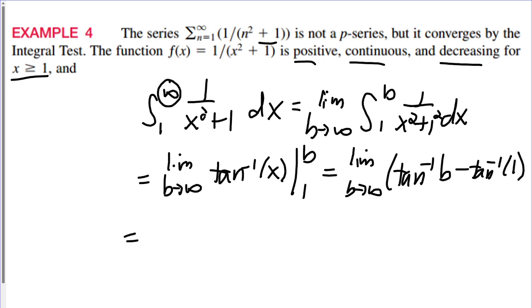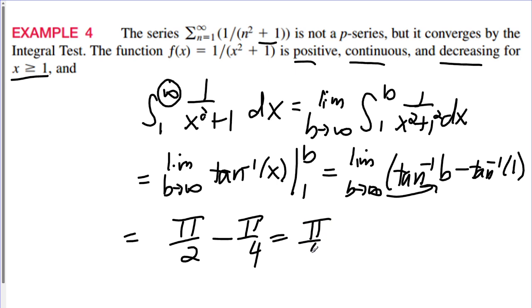Well, we can go back to the graph of tangent inverse and know that as x goes to infinity, we're reaching the upper bound of the graph, which occurs at pi halves. That's an asymptote for the tangent inverse function. Minus tangent inverse of 1, which is pi fourths. Therefore, we get a value of pi fourths.